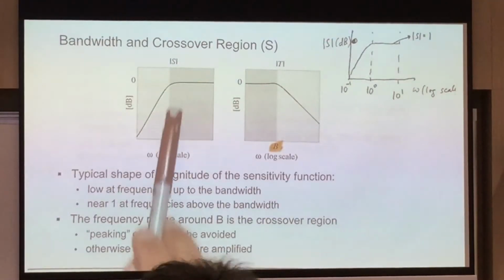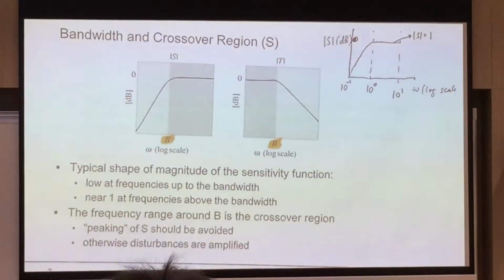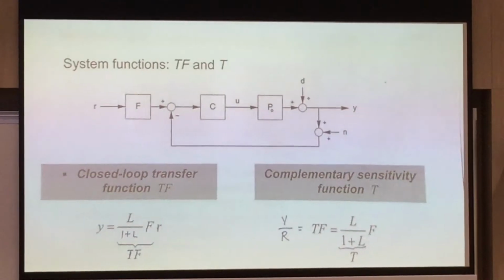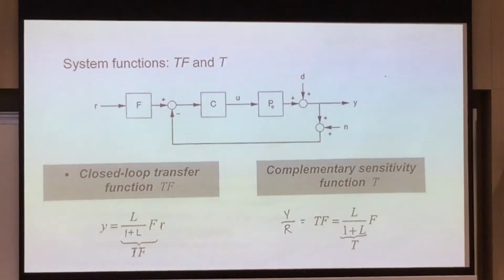And in this vicinity around B, you want to avoid peaking of S and T. Alright, otherwise you will magnify your disturbance, and also the measurement noise. Okay, so this is for the sensitivity function, how it relates to your bandwidth and disturbance attenuation.